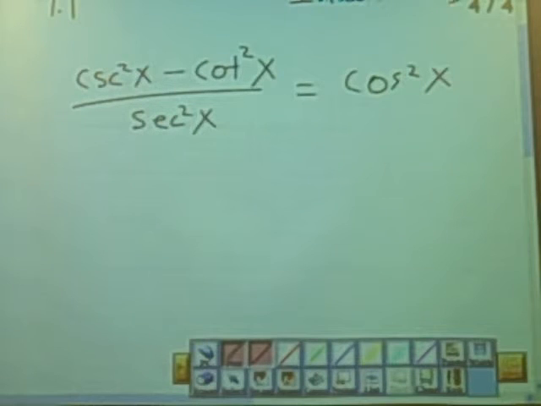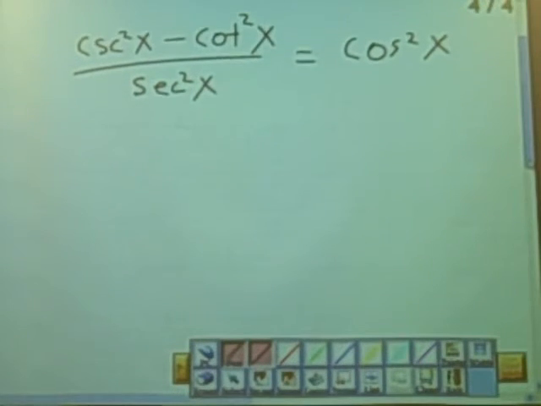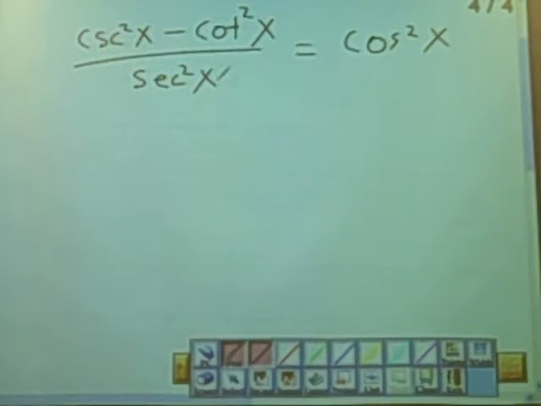But you always want to try to take the more complex side and simplify it down to the simpler side. So this time we're going to take the left side and try and break that down. Well, we said before, anytime you see cosecant and cotangent, or secant squared and tangent squared, you want to see if that applies to a trig identity.